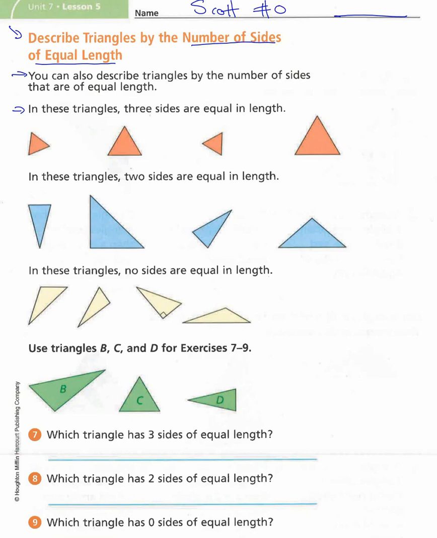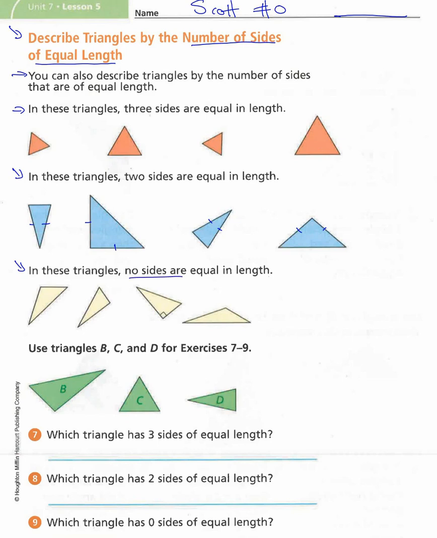It's kind of a perfect kind of triangle, right? But in these blue ones down here, there are two sides that are of equal length, like this side and this side, this one and this one. Those are of equal length. But in these light yellow ones, no sides are of equal length.